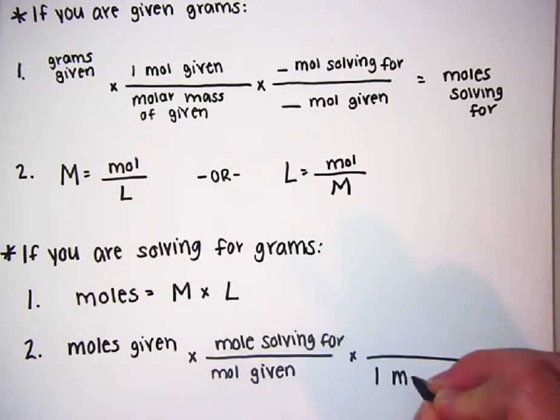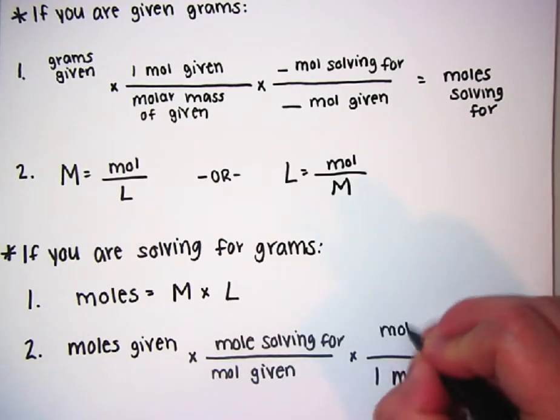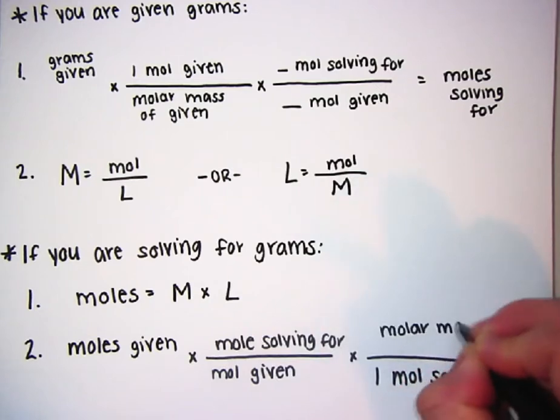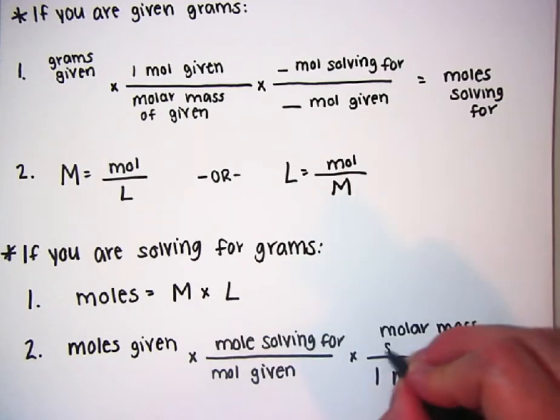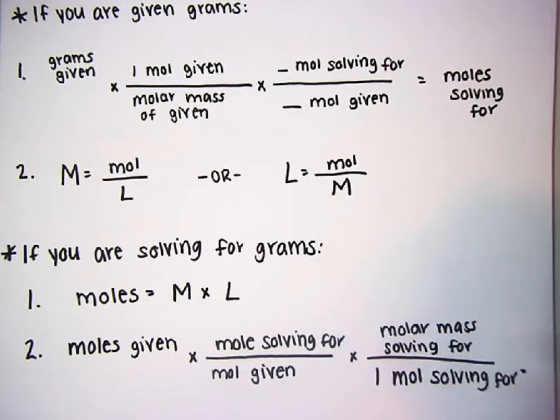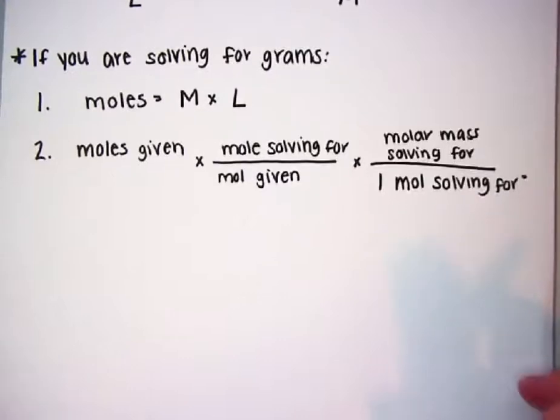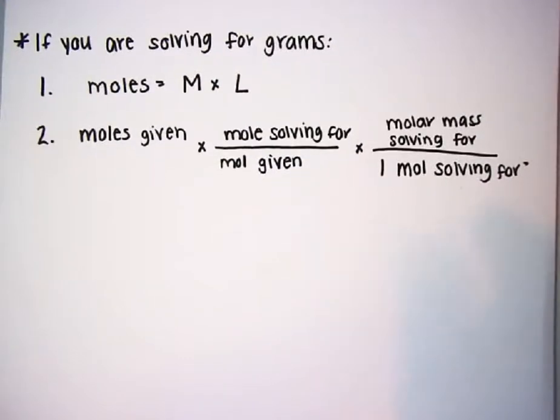Molar mass is always equal to 1 mole. All right, so these are going to be our two templates. These should help us set up all the problems that we are going to try today.